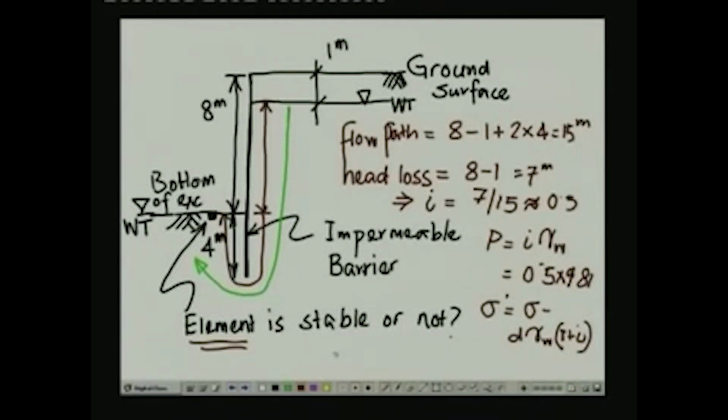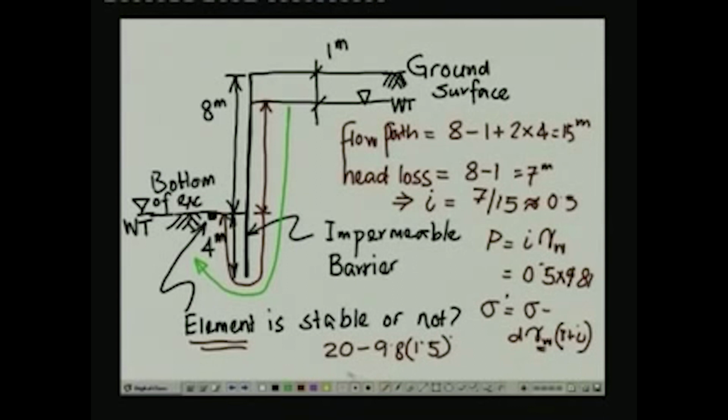Now if we had a total unit weight of say 20 kilonewton per meter cube, and if we are considering gamma w to be 9.81 kilonewton per meter cube, so what we are going to have is our effective unit weight is going to be 20 minus the gamma w value multiplied by 1.5.